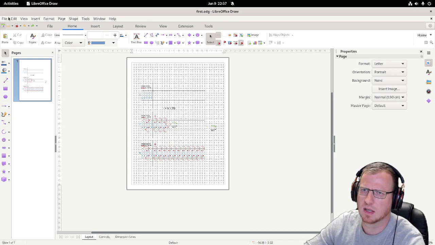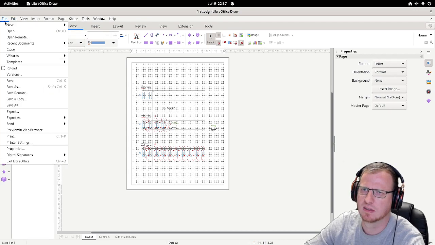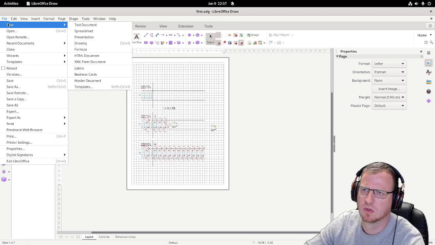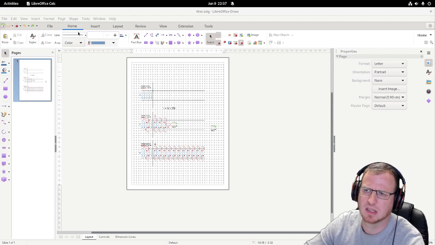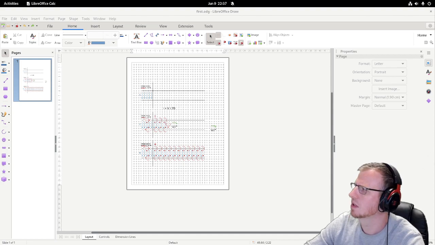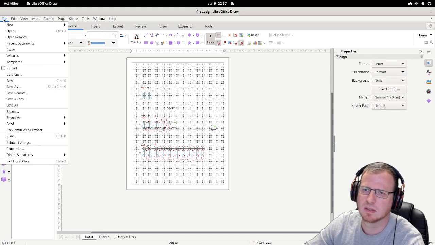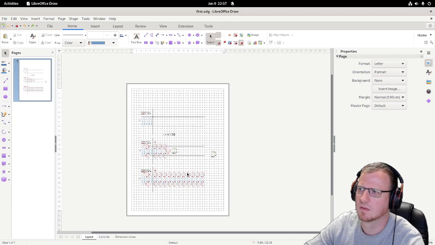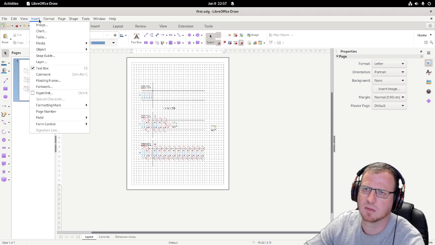How can I please add new spreadsheet? Nope, this was not what I wanted. I want another page. Insert page.